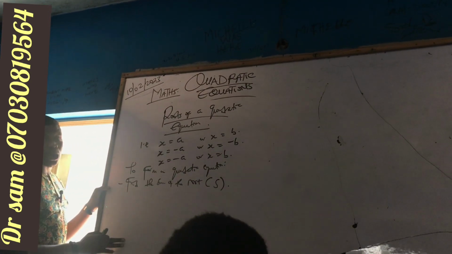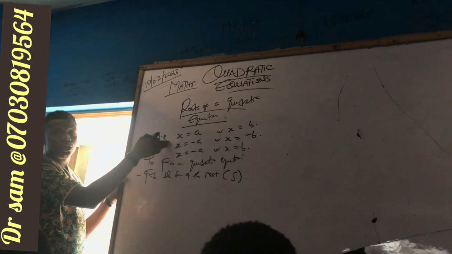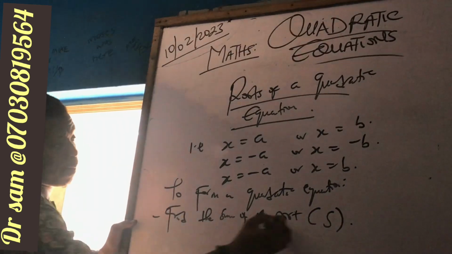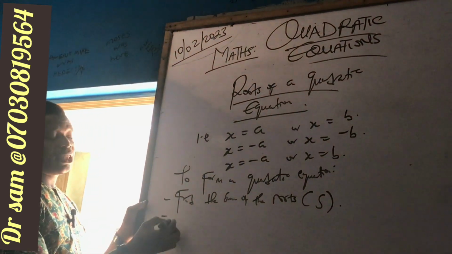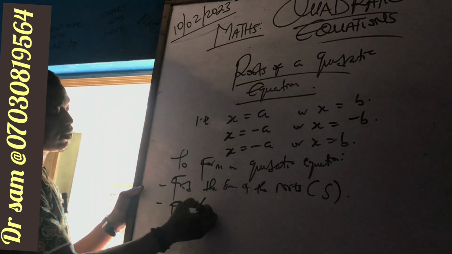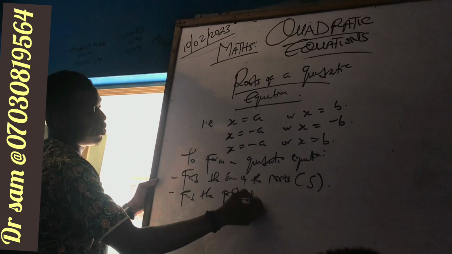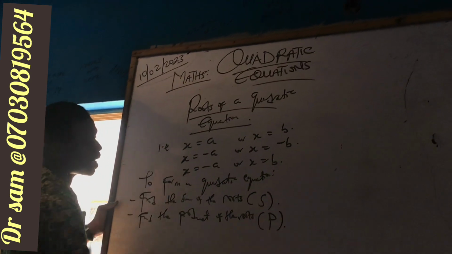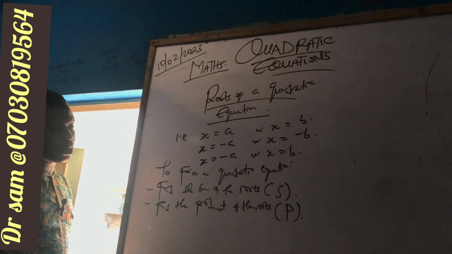You want to form a quadratic equation from the roots. The first thing is to find the sum of the roots. The second thing is to find the product of the roots. We use capital P to represent products.